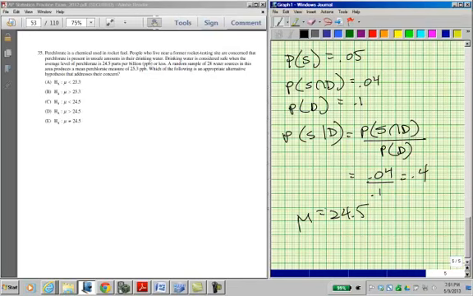The alternative hypothesis, since the concern is that it's too high, will be that mu is greater than 24.5. So the alternative hypothesis is mu is greater than 24.5. 35 is D.